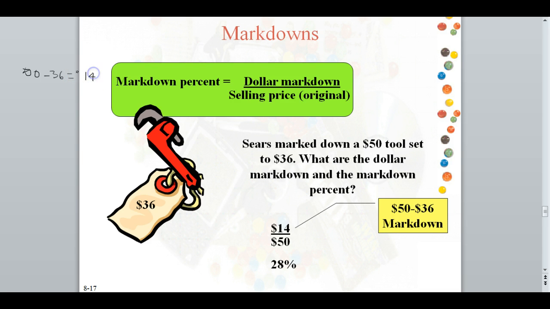That's 14 bucks, so we're $14 off. In percentage terms, dollar markdown 14 divided by the original selling price, 50, equals 0.28, or 28% markdown.